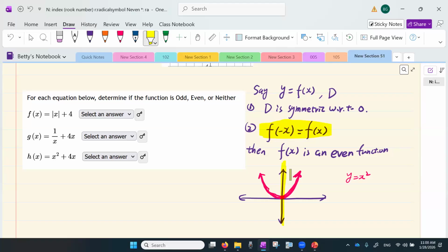Yes, your y value remains the same. If you flip this graph over the y-axis, this arm is going to go to the left, this arm is going to go to the right, but the graph is going to look the same, right?